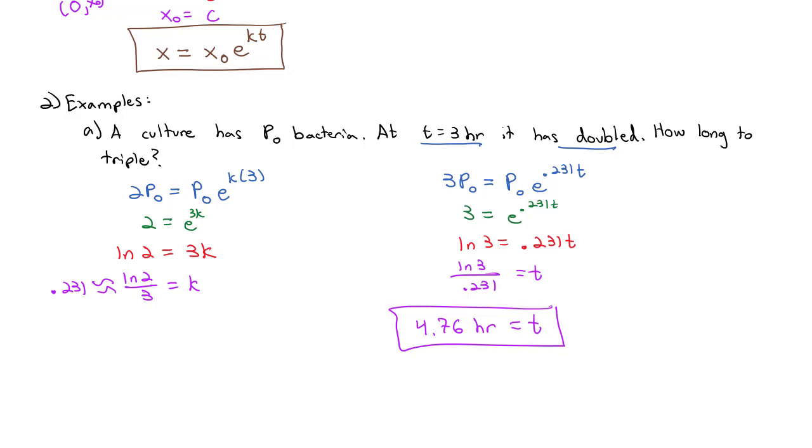Let's try one more example of this exponential growth or decay, proportional growth and decay. One spot where we see decay is in chemistry with this concept of half-life. Half-life is the amount of time it takes for a certain isotope to decay to about half of what it used to be.